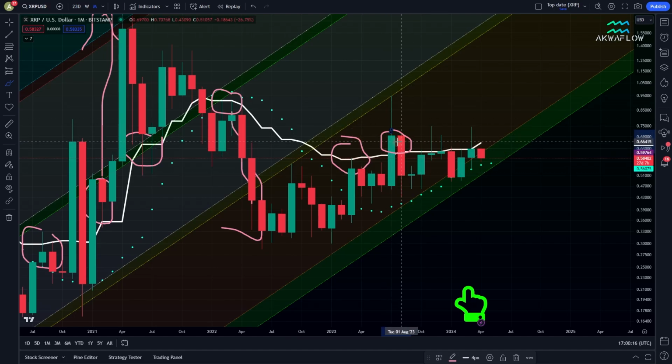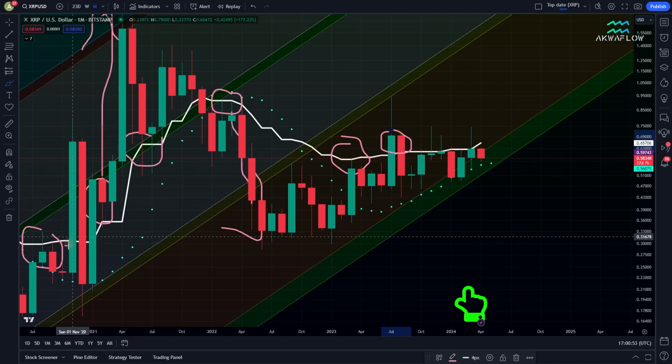Why? Because we have no candle body closing above the white line. This is key. We have a close of the candle above the line, but no full candle body closing above the line. For example, in the past, you see this big green candle.